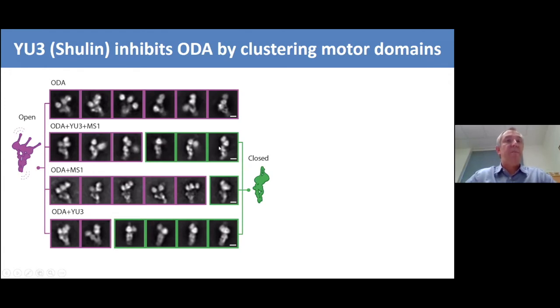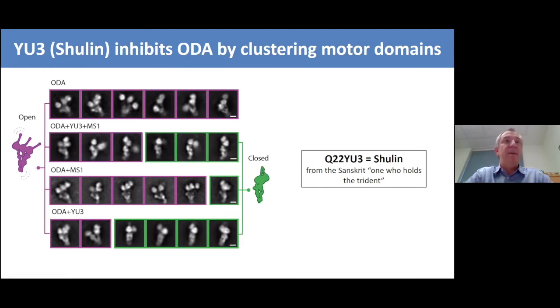And what was clear from our analysis is that YU3 is actually able to do the clustering on its own, and is actually stronger on its own than when you have both proteins present. So we then took the liberty of renaming this YU3 protein Shulin, and that comes from the Sanskrit word meaning the one who holds the trident, i.e. keeping the 3-headed motor together.